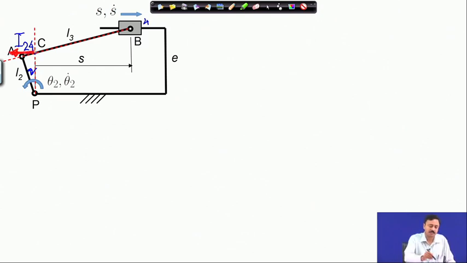This velocity must also be the slider velocity, that means velocity of body 4, and it also must be the velocity of a point which is on the extension of link 2. That is the concept of I24.